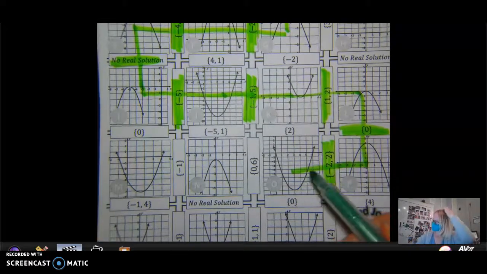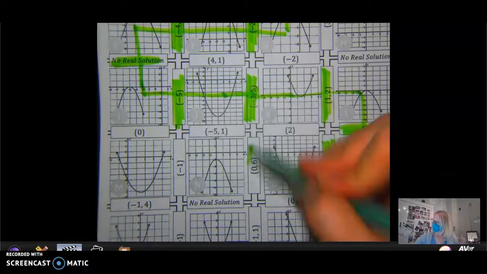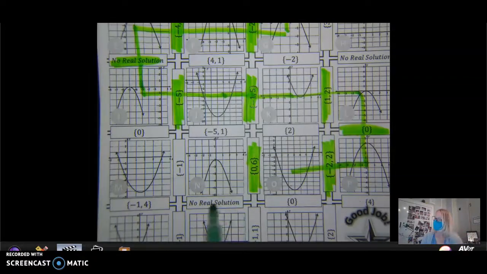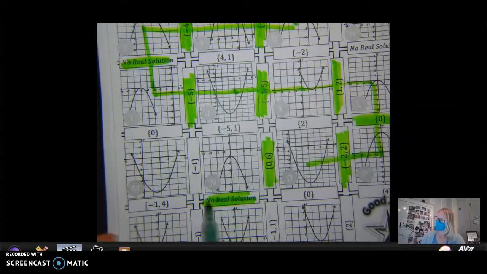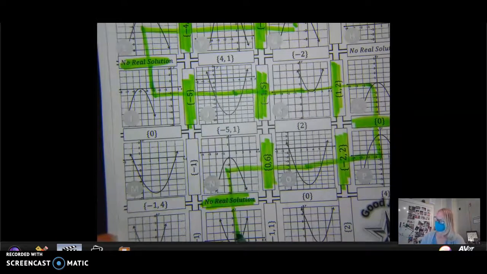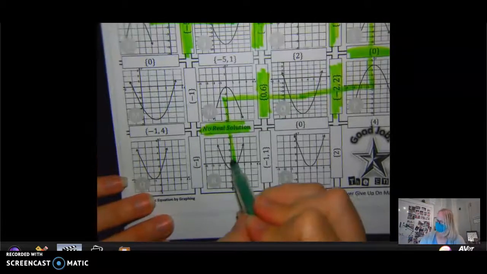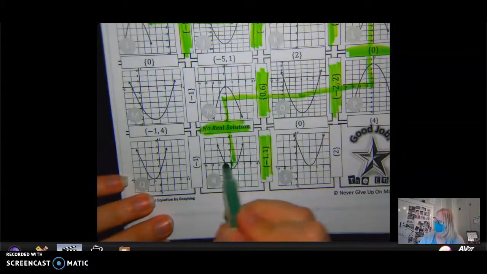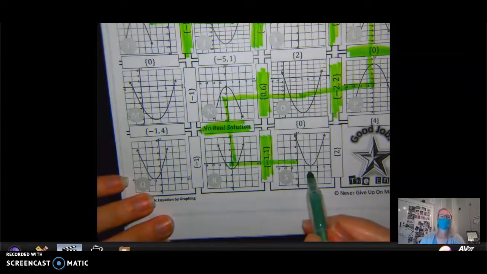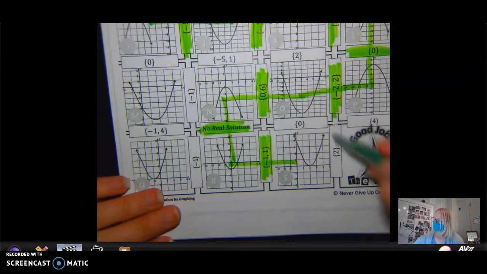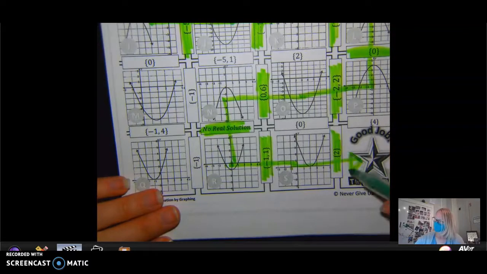My answer here? Answer here? No real solutions, right? Answer here? -1, 1. And then my answer here? 2. And it takes us out of the maze.